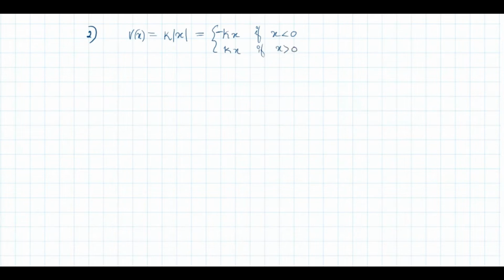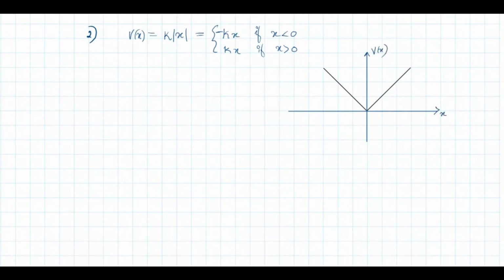And the plot of such a potential will be like this. This is the plot of potential, mod x, V of x versus x.